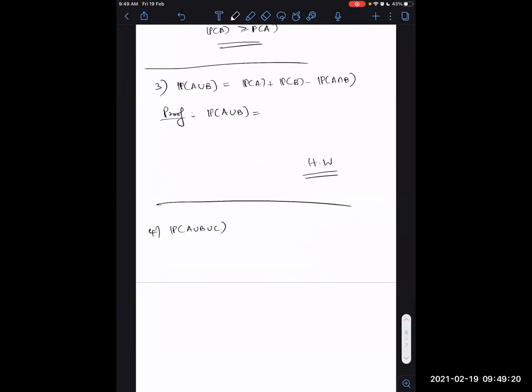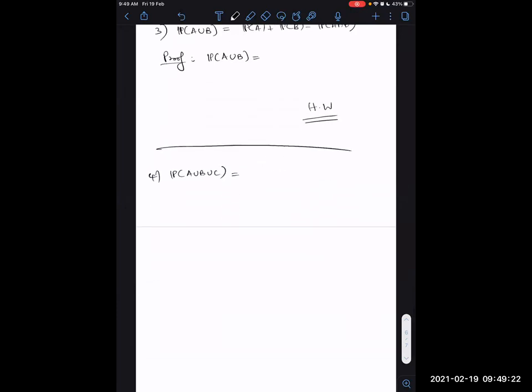Now let's see the fourth property. We have this for more events. You again would have seen this formula, but just making things concrete. So this is minus the probability of A intersection B, minus the probability of B intersection C, minus the probability of A intersection C. And you are overcounting, so you just add the intersection of A, B, and C. This should be fairly intuitive from using a Venn diagram.